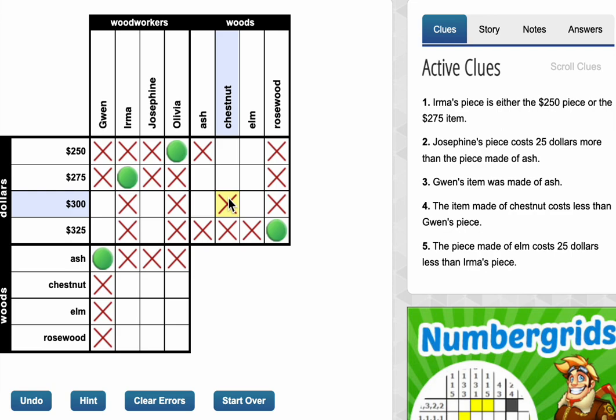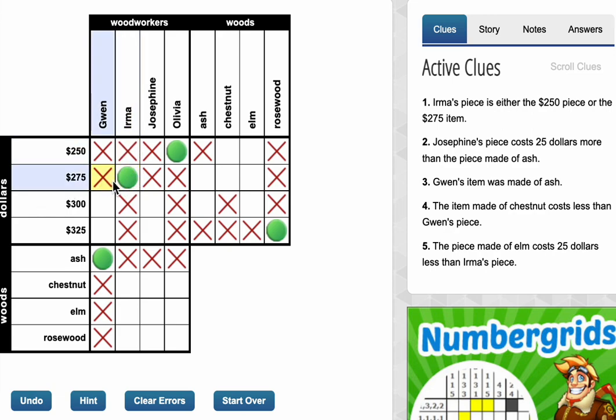So you progress through, you cycle through, and see as you do that whether or not you can draw a conclusion. All right, the piece made of elm costs $25 less than Irma's piece. If it's less than something, then it can't be the most expensive one. So that doesn't look like it's helping unless, oh no, we have Irma right here, sorry.